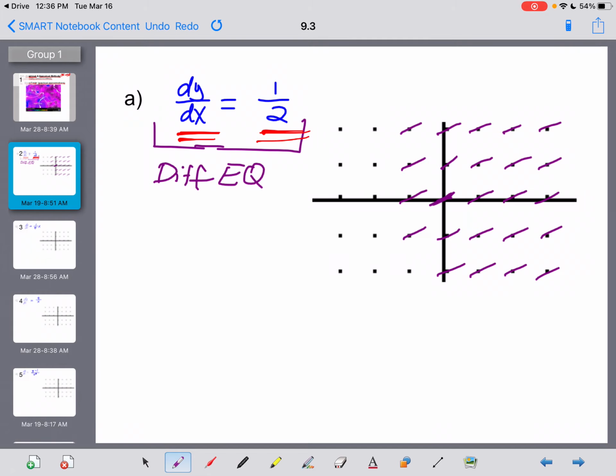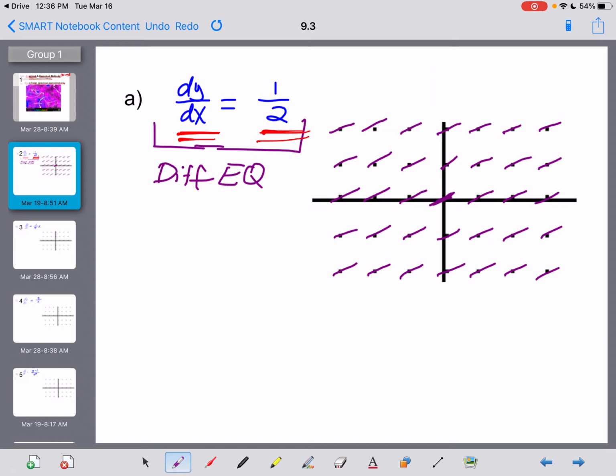Because this derivative is constant, the value of the derivative, or the slope of the tangent, does not depend on the x or the y coordinates. So that's your slope field there, guys. I certainly didn't draw it perfectly, but that means that every single point on that graph would have a slope equal to 1/2. So let me be clear, we're done with that example.